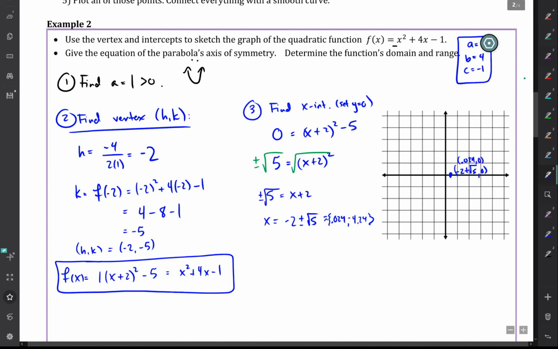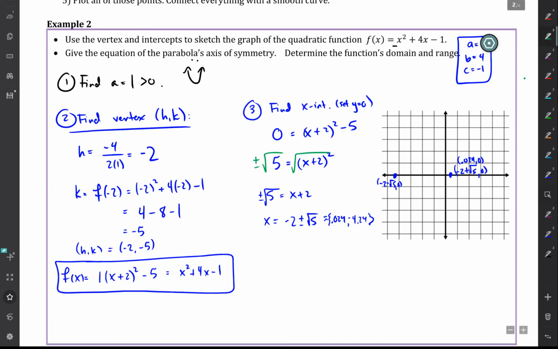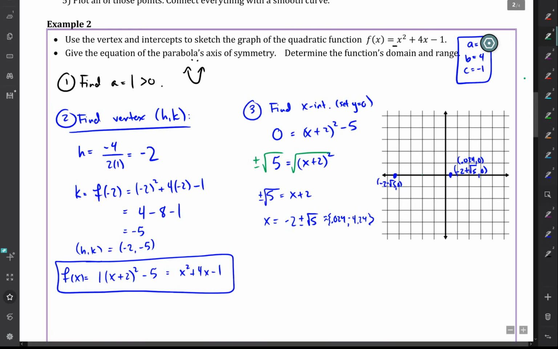And the other one's over here, negative 4.24. So this will be negative 2 minus the square root of 5, 0. And remember my vertex (h, k) was (negative 2, negative 5). So it'd be over here: back 2, down 1, 2, 3, 4, 5.